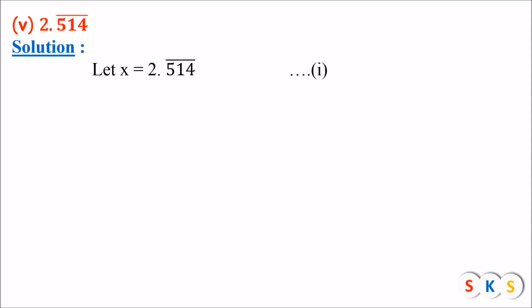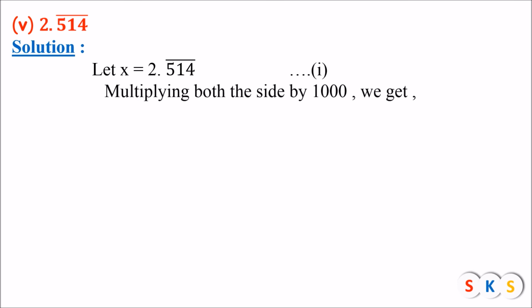So multiplying both sides of this equation by 1000, we will get 1000x equals 2514.514 repeating. If we multiply by 1000, what will happen? There are many groups of 514, so one of the groups will move to the left side of the decimal, you can see here. Now we will subtract 1 from 2.